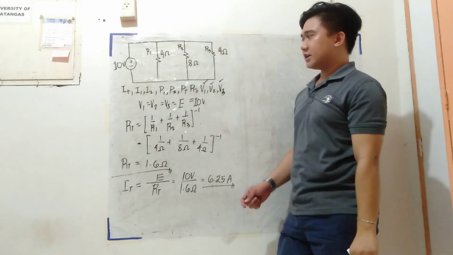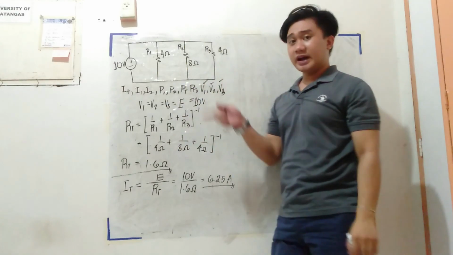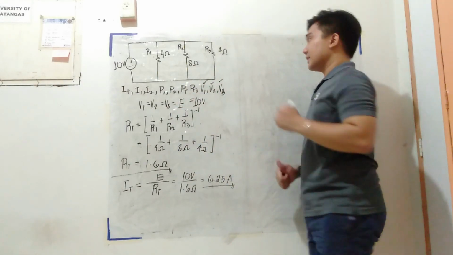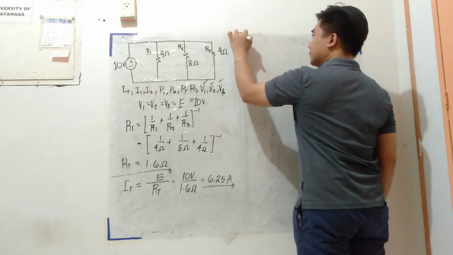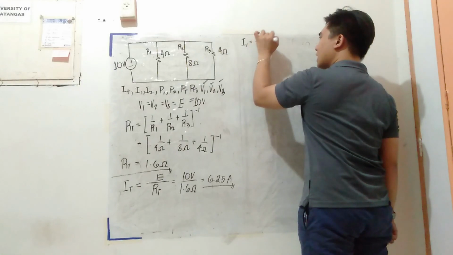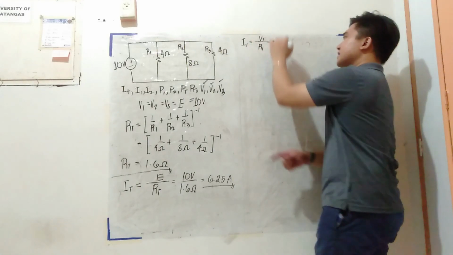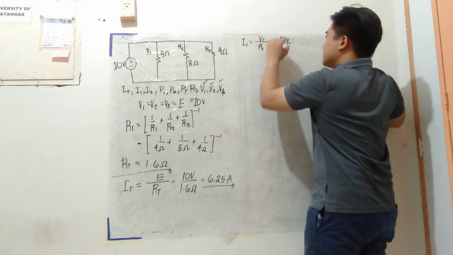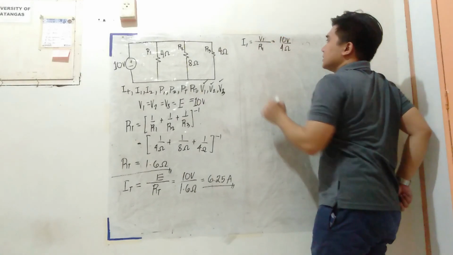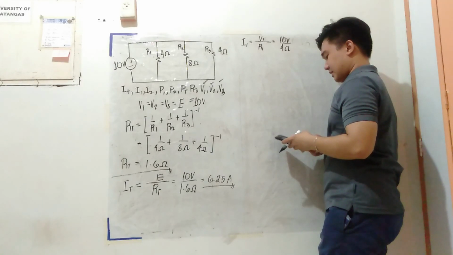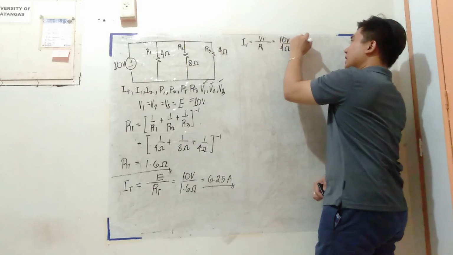And then, you could start finding I1, I2, and I3 dahil meron na tayong V1, V2, and V3. Okay? So, to get I1, that is just equal to V1 over R1. So, your V1 is 10 volts, while your R1 is 4 ohms. So, 10 divided by 4, that is equal to 2.5 amperes.